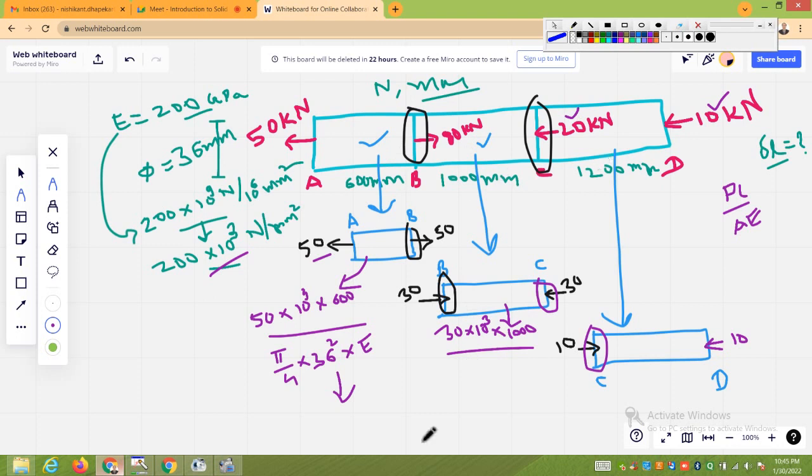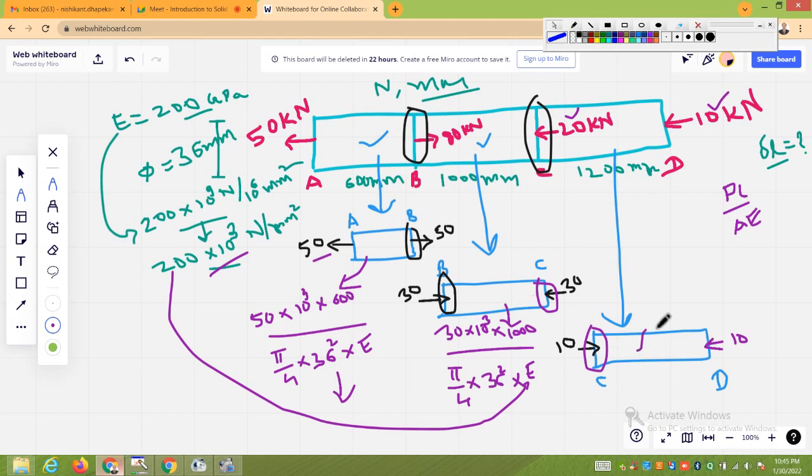E for all the sections will remain same. So same pi by 4 into d square, because diameter is same throughout, multiplied by E. You substitute the value of E here. You will get the change in length for this section BC.